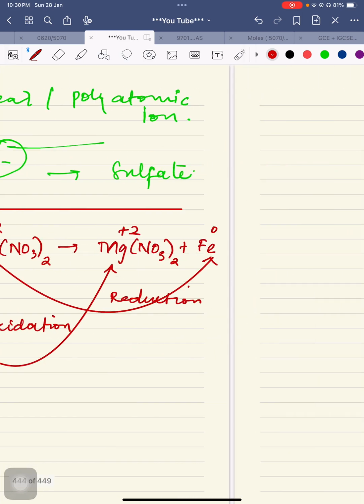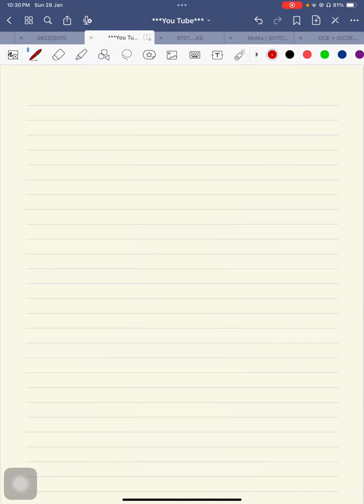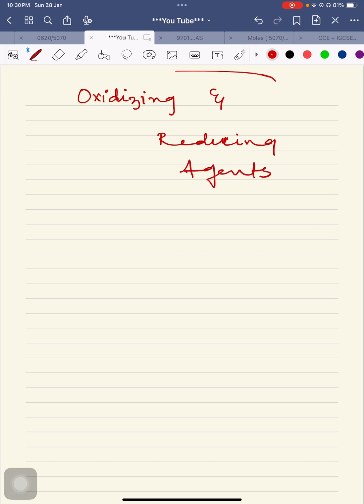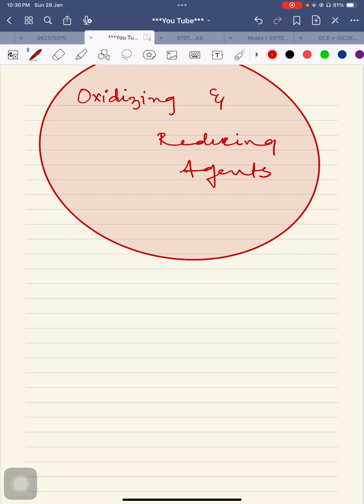We will discuss what oxidizing and reducing agents are and how they are different from each other, what color changes are associated with them, and so on. So I am just writing the next topic: oxidizing and reducing agents. This will be our next topic.